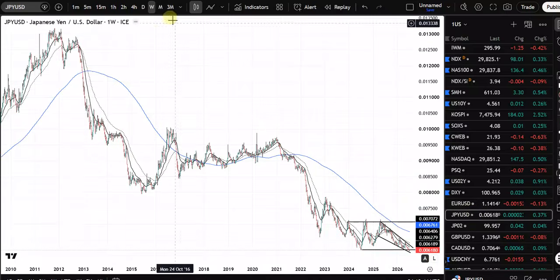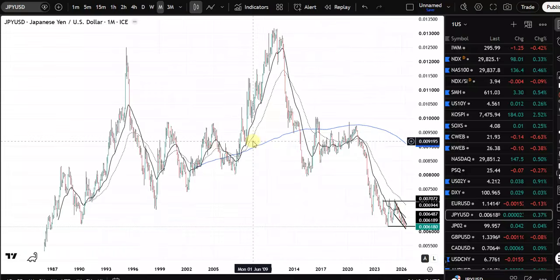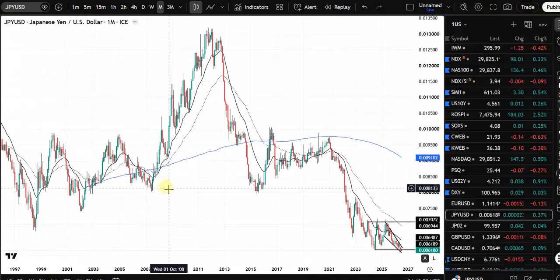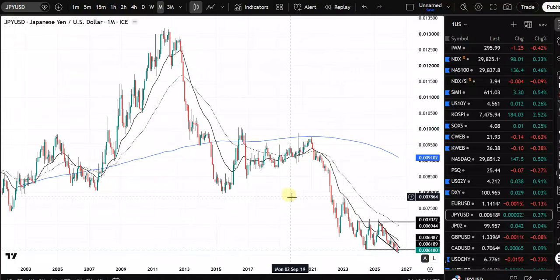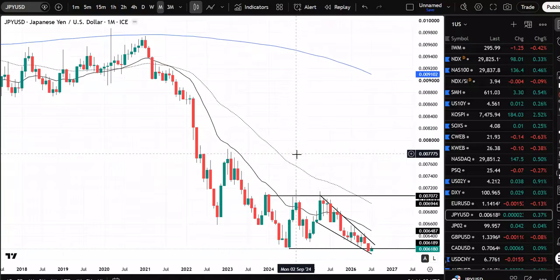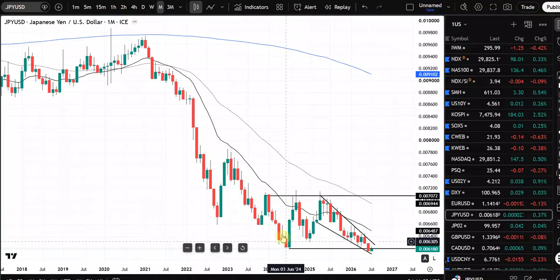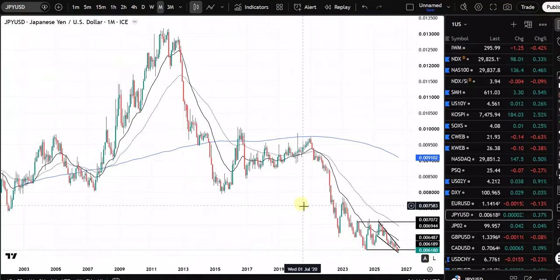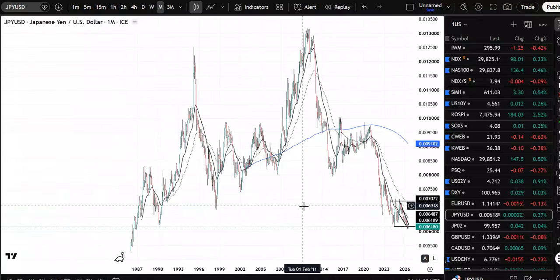All right, we got the Japanese. Even back in the day, the Japanese had it, and then they've been caned since December 90. But we're at a key support level here with JPY.